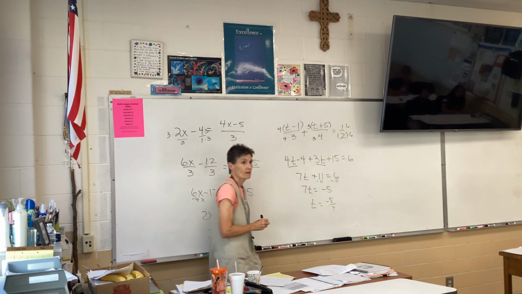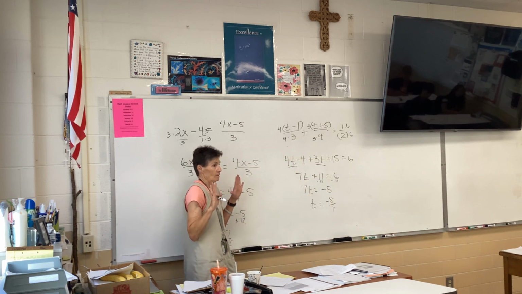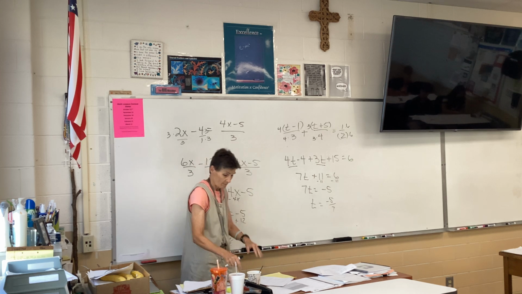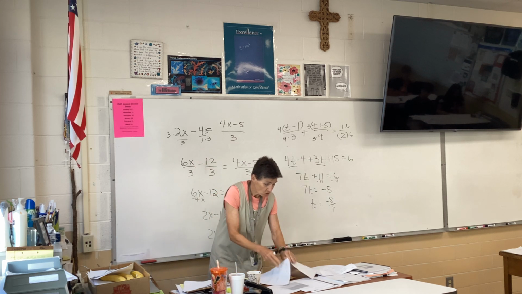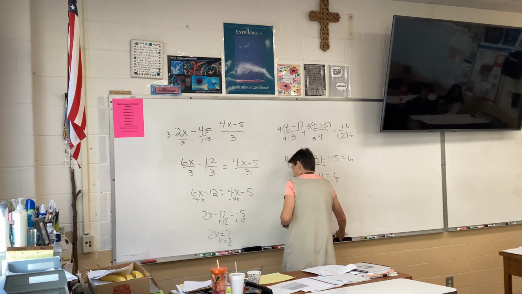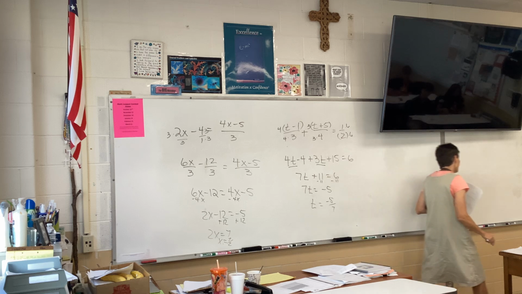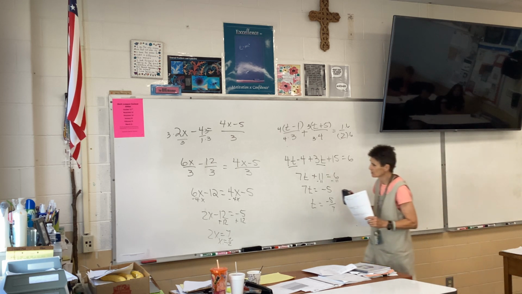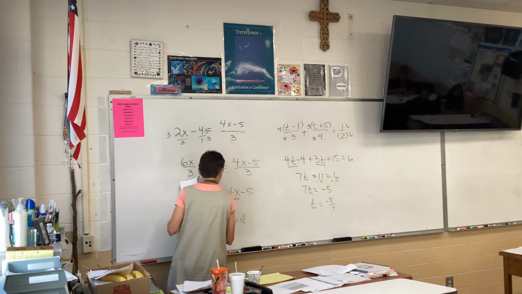Is that what we got yesterday? Yeah. Everybody is good with that? Okay. Because now we're going to turn the page and we're going to do basically the same thing, but now we're going to do it with inequalities, which doesn't really change anything.